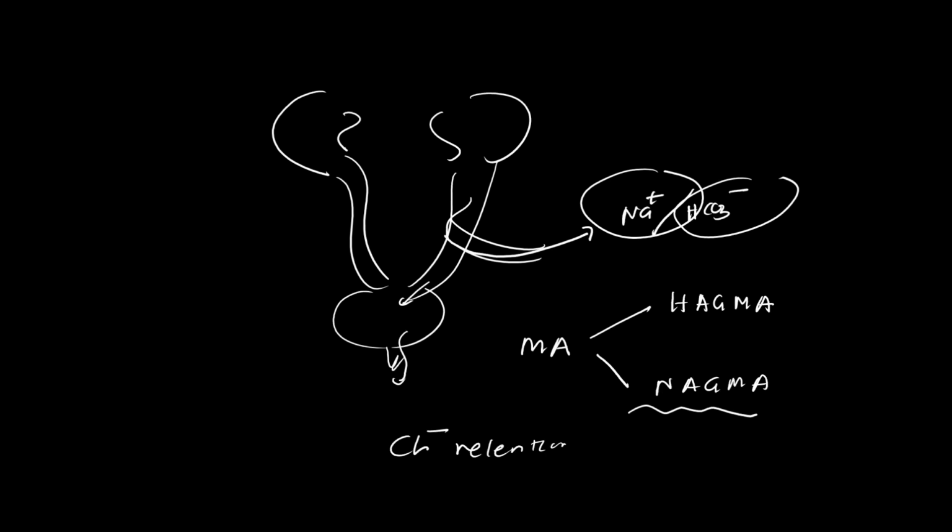Because of the loss of bicarbonate from the body, there are exchange systems, and a compensatory mechanism usually happens within the bowel, where there will be reabsorption of both bicarbonate and chloride to compensate.